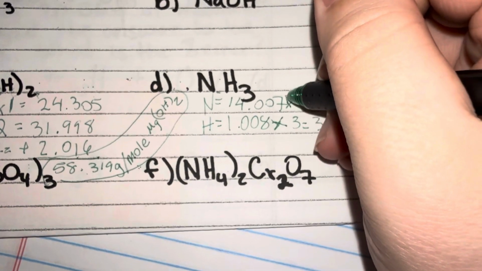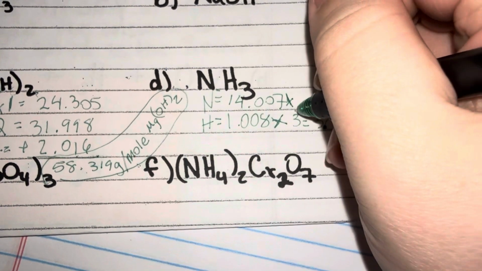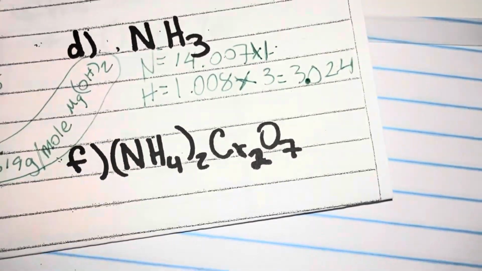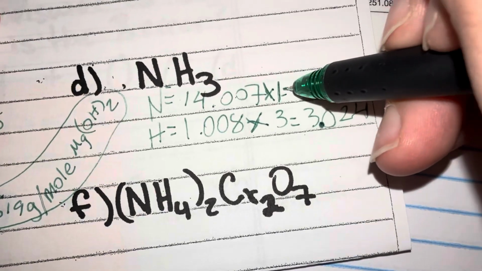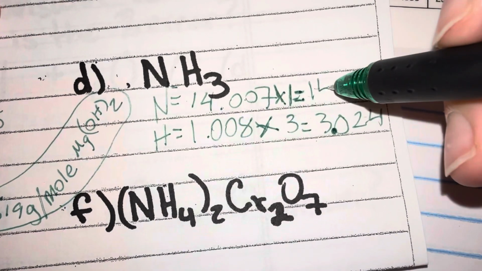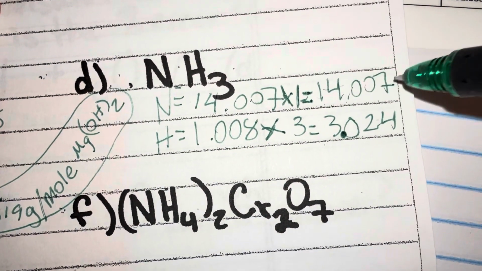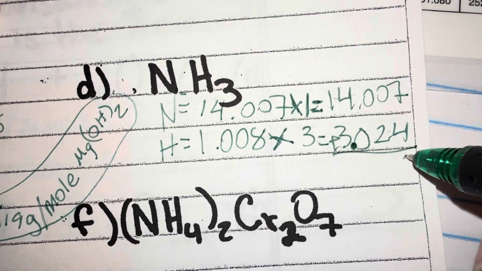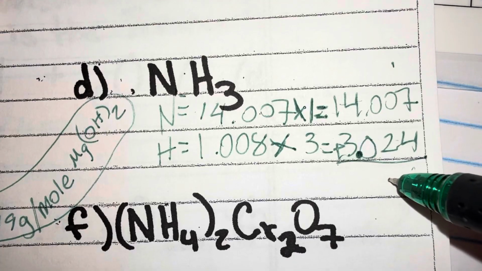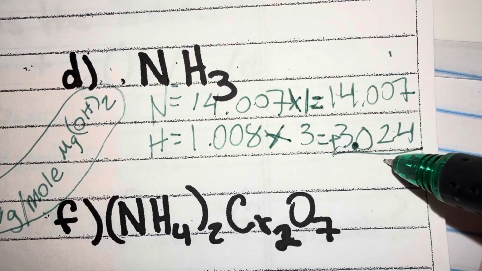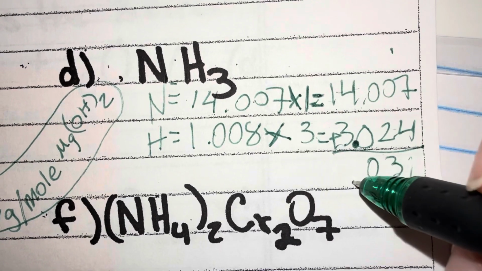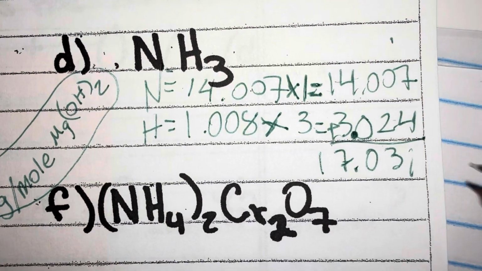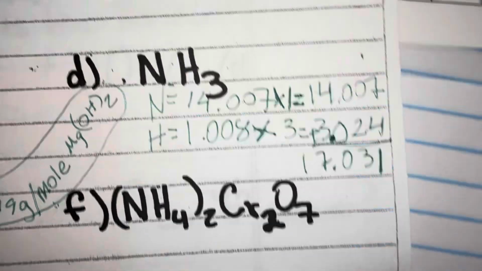And we only have one of these. Oh, my paper's going everywhere. All right, that equals 14.007. Add them together. That's 17.